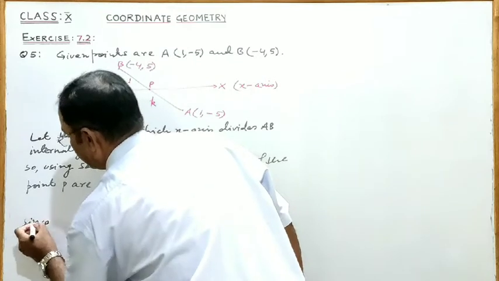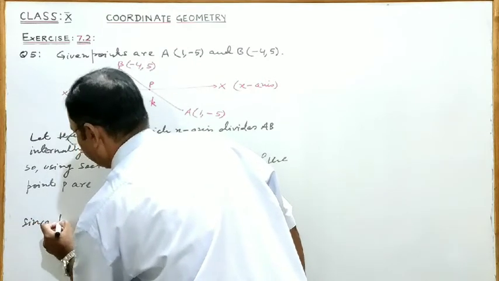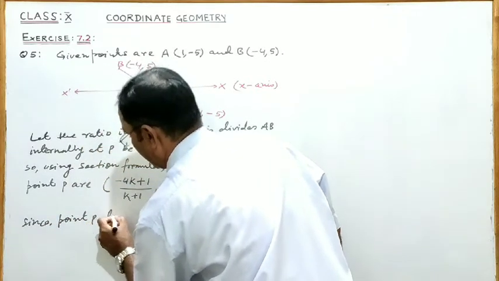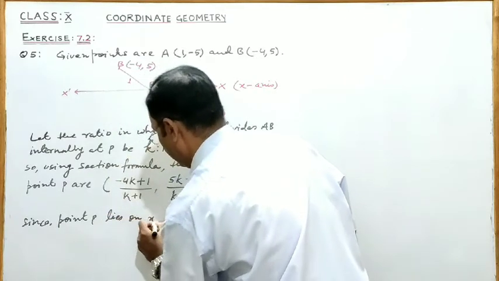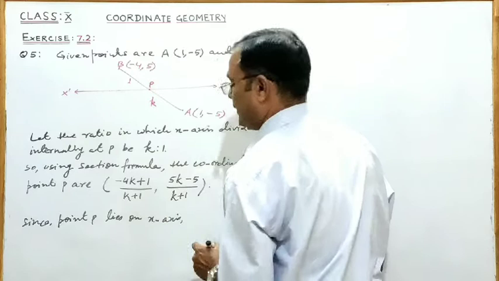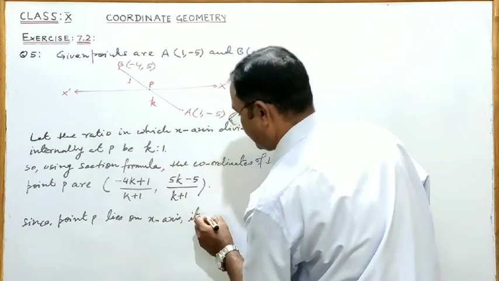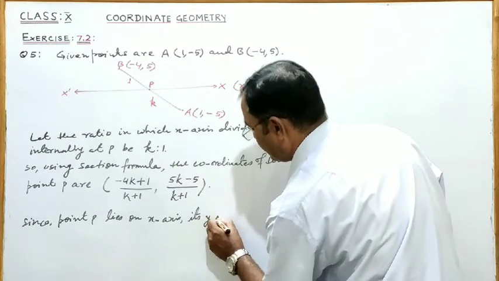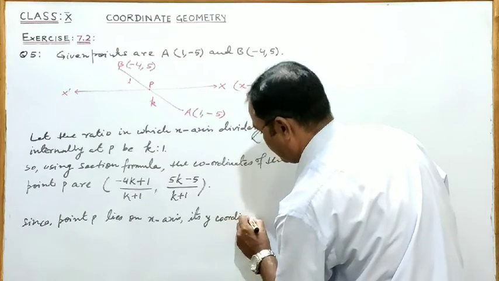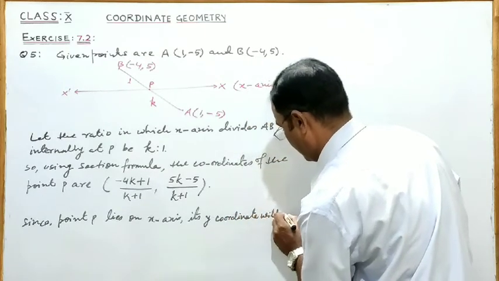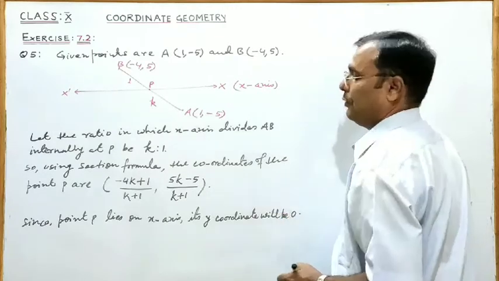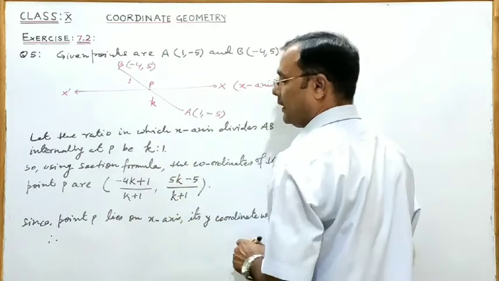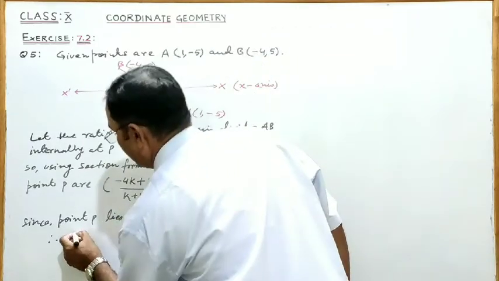Since point P lies on the x-axis, its y coordinate will be 0, and therefore we can write (5k minus 5) by (k plus 1) is equal to 0.